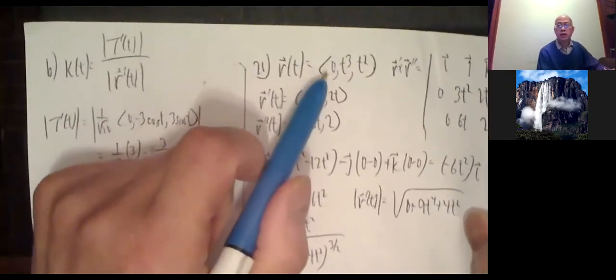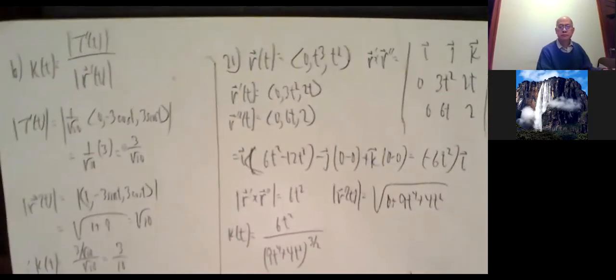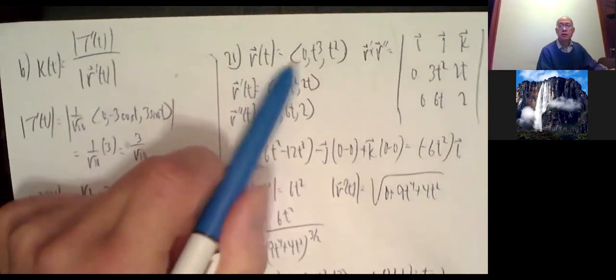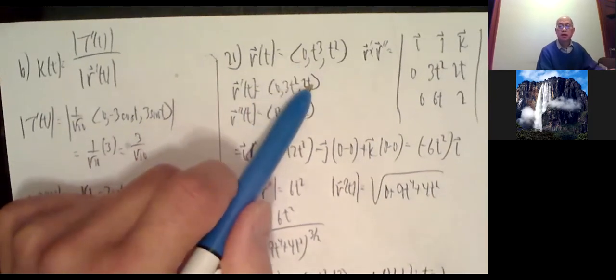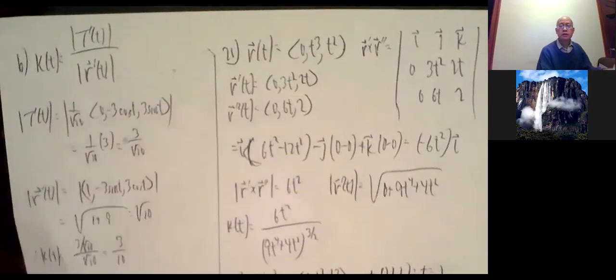So R of t is 0, t cubed, t squared. R prime is 0, 3t squared, 2t. R double prime is 0, 6t, 2.